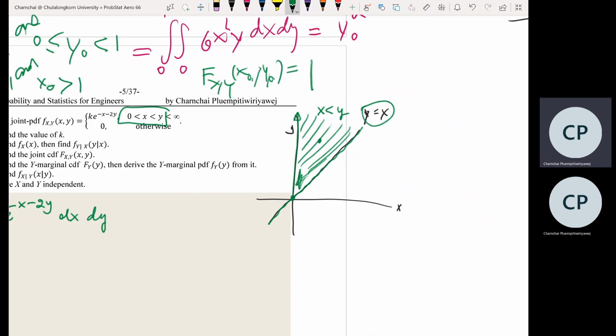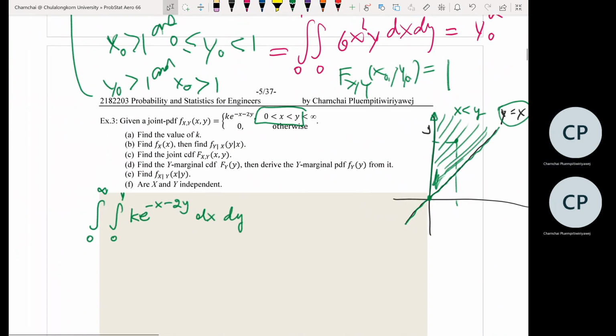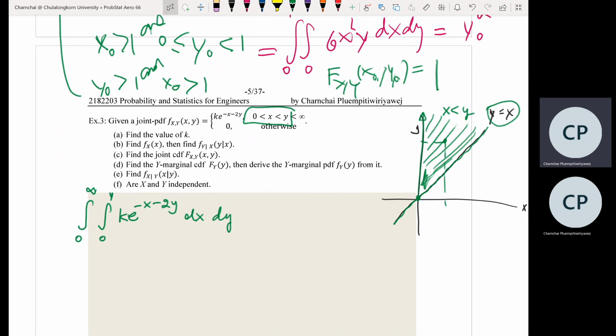You just pick a point, this is x and this is y, so x is less than y. So it is in this area. This is the area of integration. Go ahead and integrate this.